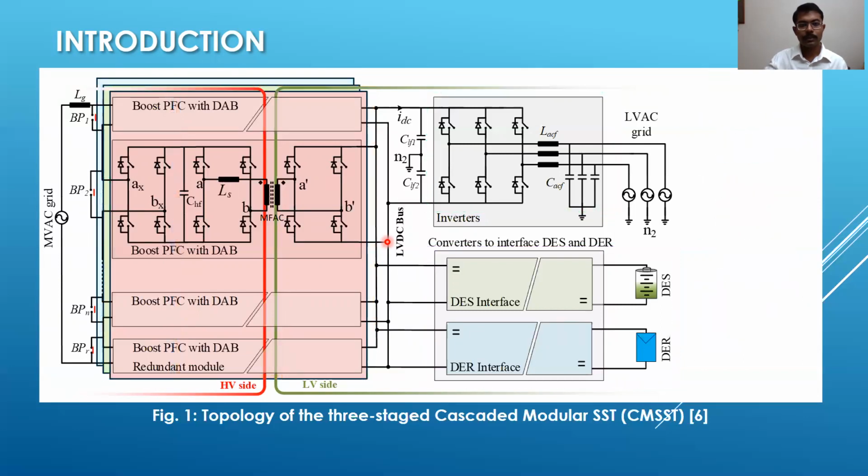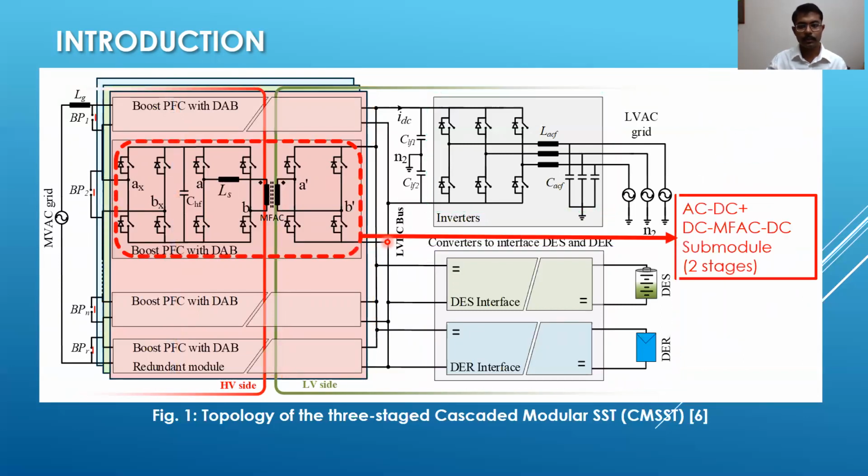Now, if we concentrate on the AC to DC submodule of the MVAC to LVDC conversion, we can see that it has 12 switches, of course. That is, you can see that there are 3 H bridges. And the first stage of conversion is the rectification stage, which is followed by a bulk electrolytic capacitor, which filters out the second harmonic component.